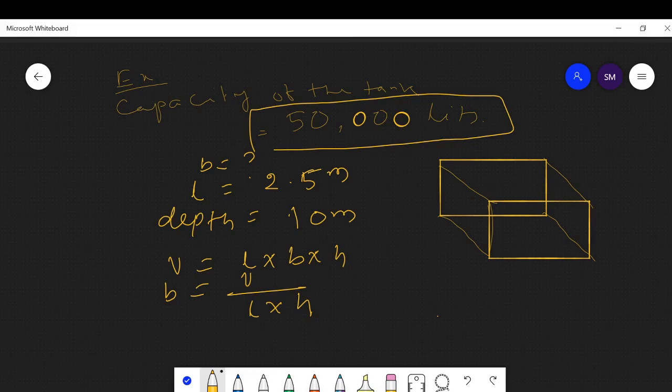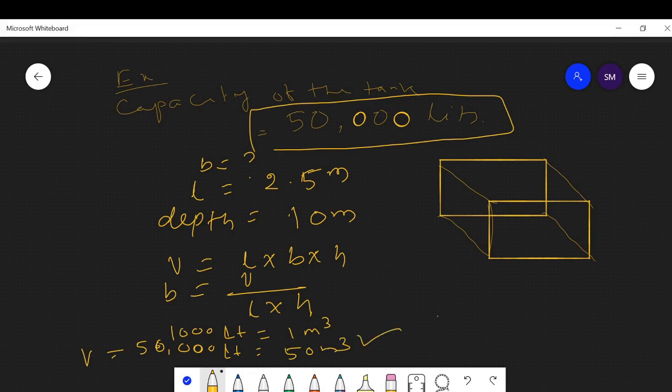As we know that 1000 liter capacity is equal to 1 meter cube. Then 50,000 liter means volume of the tank is equal to 50 meter cube.